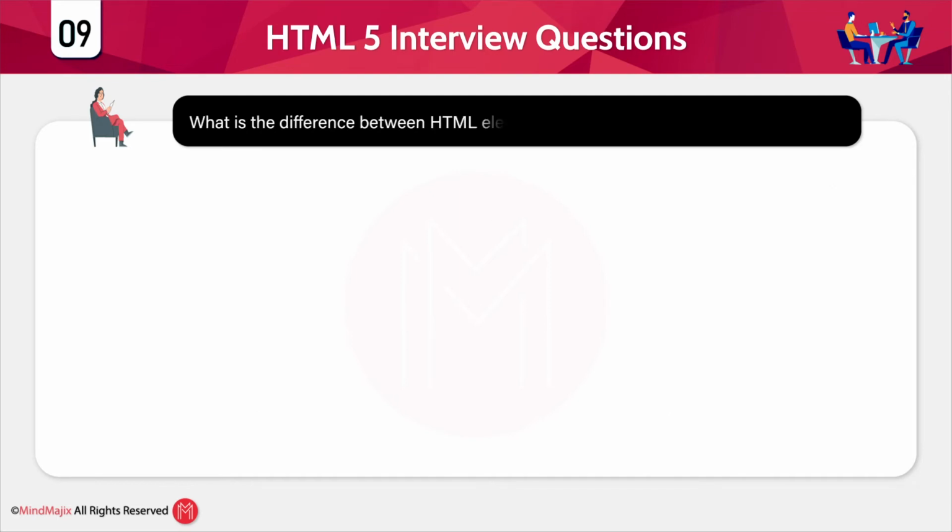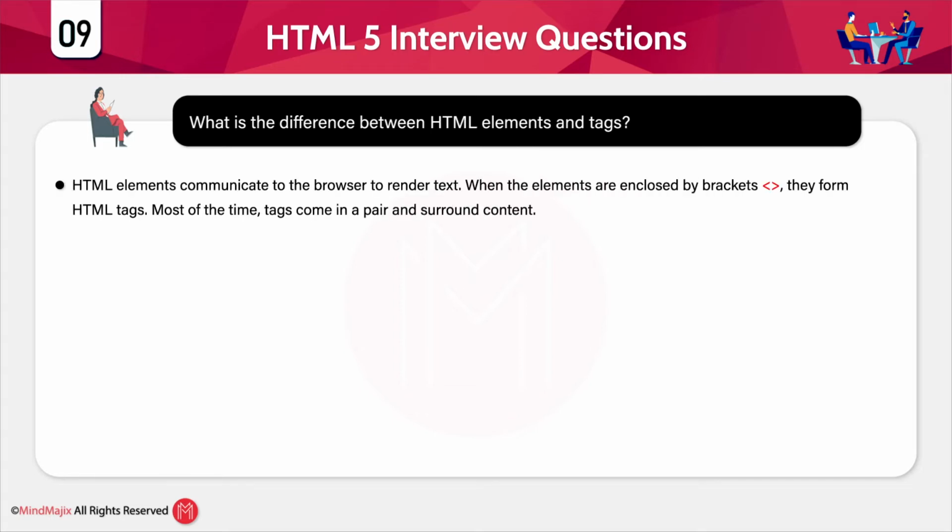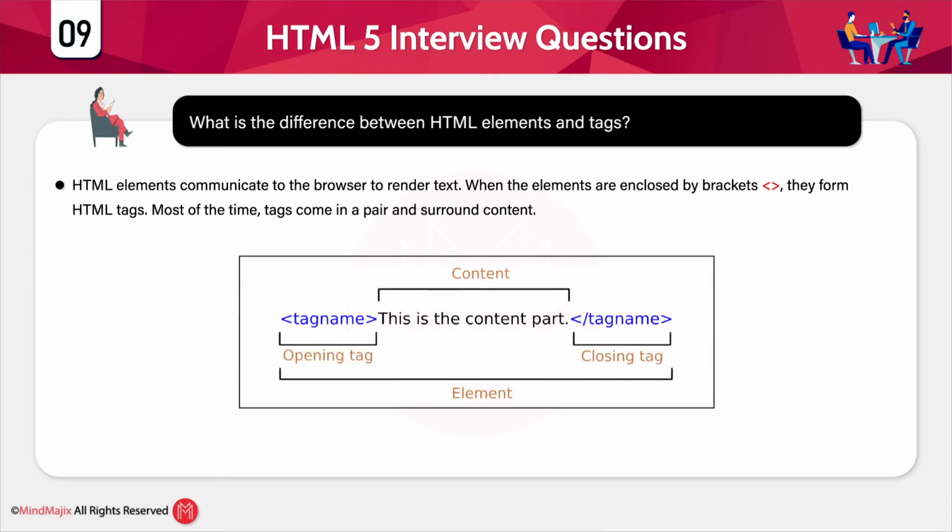What are the differences between HTML elements and tags? HTML elements communicate to the browser to render the text, to display the text on the web page. When the elements are enclosed by brackets, they form HTML tags.